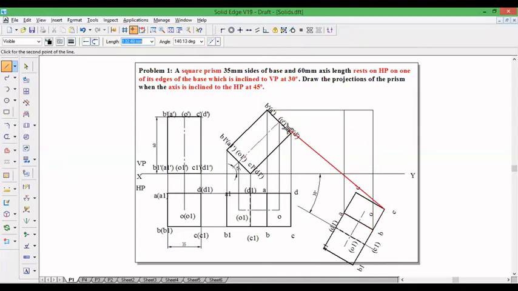Projection of C, projection of D. In the same fashion, A1, B1, C1, and D1.